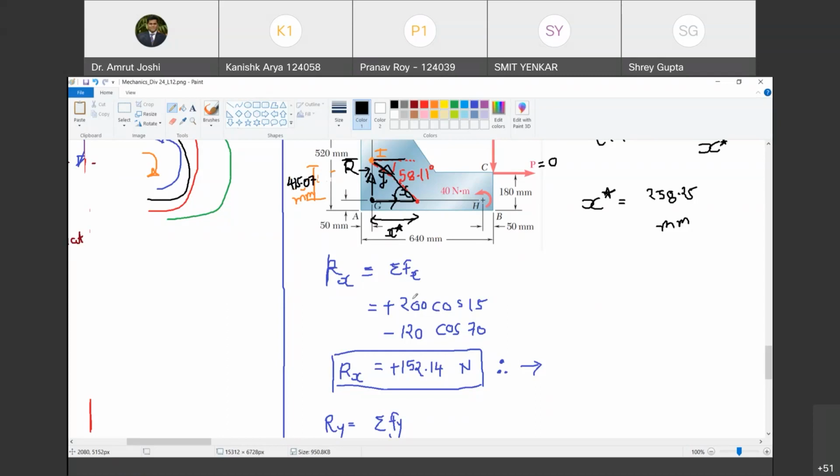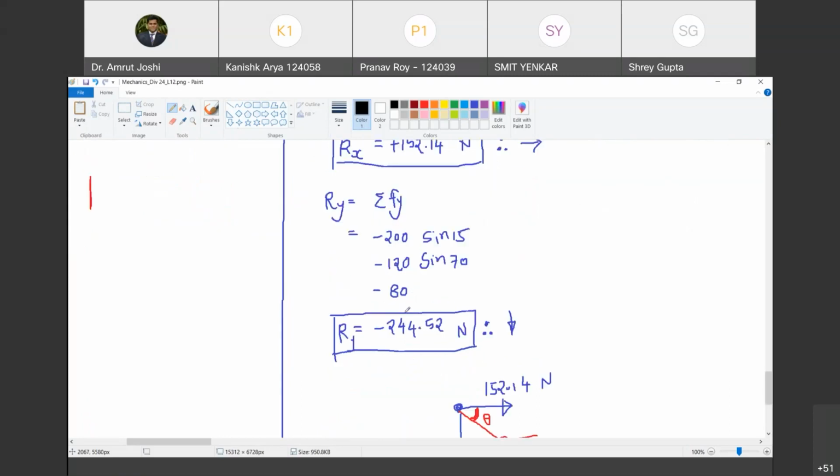So this is 200 cos 15 minus 120 cos 70. This is correct. RY, just check RY, minus 200 sin 15 minus 120 sin 70 minus 80. Correct, sir. 244.52 minus 244.52.